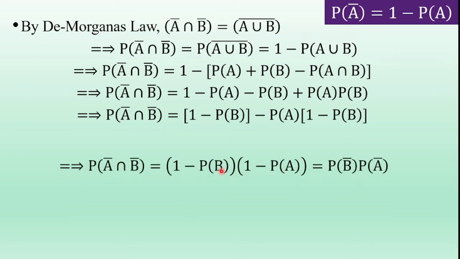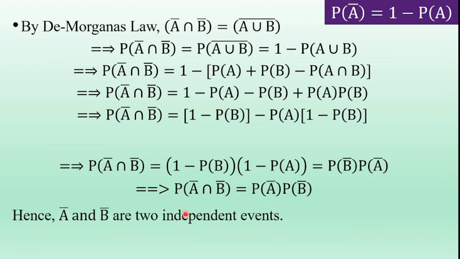Therefore, 1 minus probability of B into 1 minus probability of A. Using this condition, 1 minus probability of A is probability of A bar. Similarly, 1 minus probability of B is probability of B bar. Therefore, probability of A bar intersection B bar is equal to probability of A bar into probability of B bar. Hence, the events A bar and B bar are independent events.